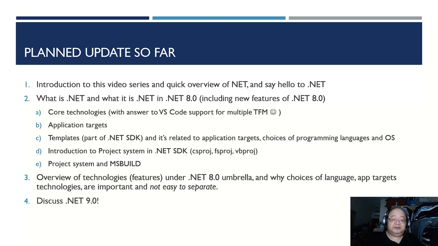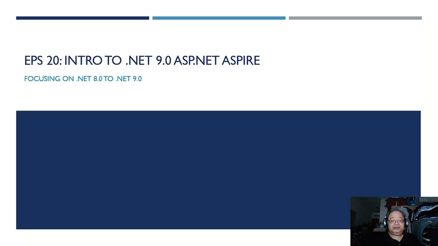And then you will see that you still need the knowledge requirement to understand TFM, which is why it is very important to know. I'll bring it up soon. Okay, let's start the intro to .NET 9 Aspire.